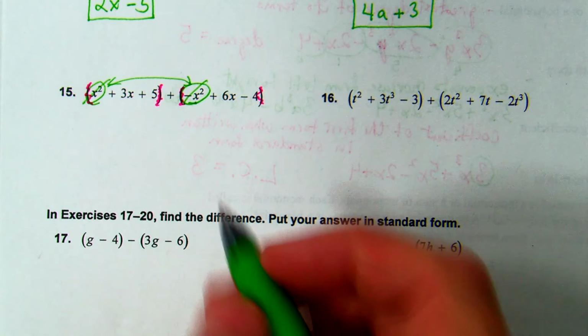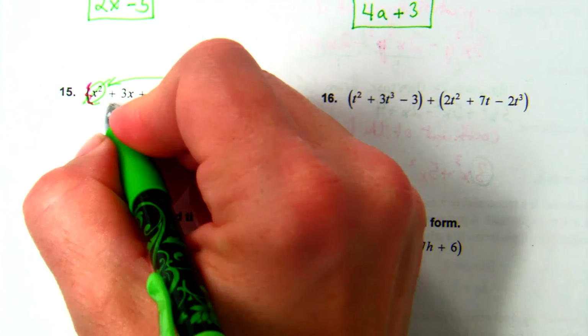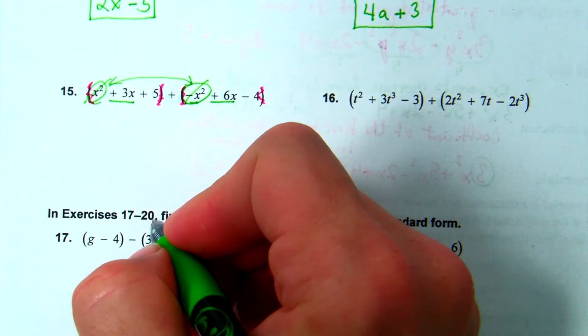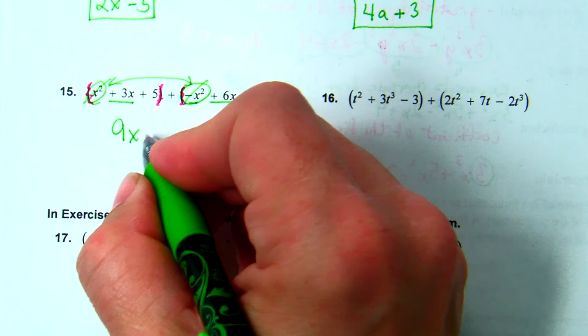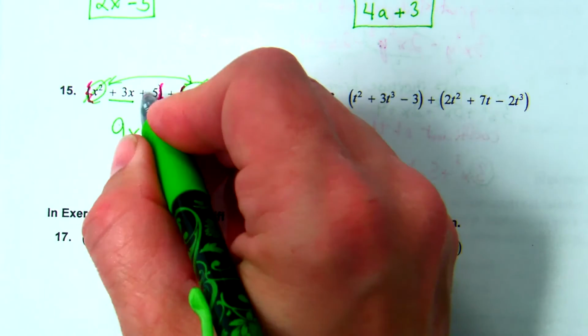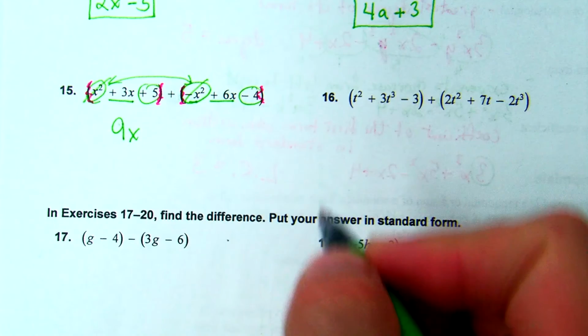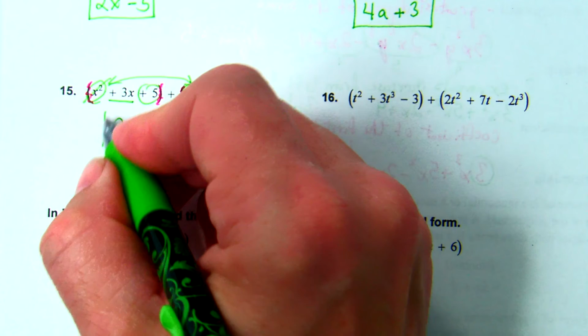And the next term is going to be what? Yep, the 3x plus the 6x. So I'm going to add those together. I'm going to get 9x. And then the last thing I will put in here is my constant term, which is the positive 5 and the negative 4. And so I'll have a plus 1 to finish this one off.